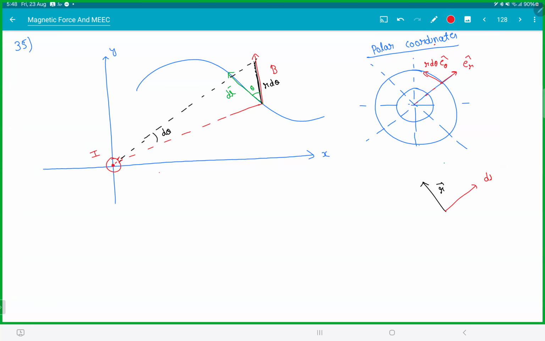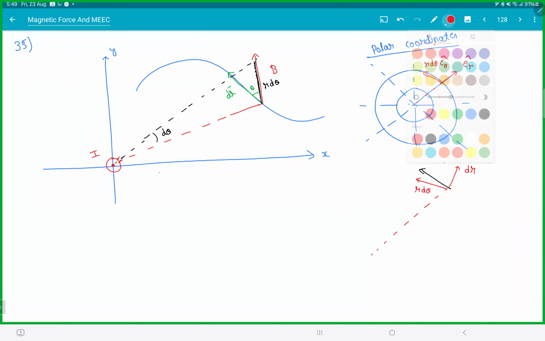That would be dr. So if this was a circle here, this was your r d theta, and this was your dr. Correct? So that is how you can represent a vector in two forms.